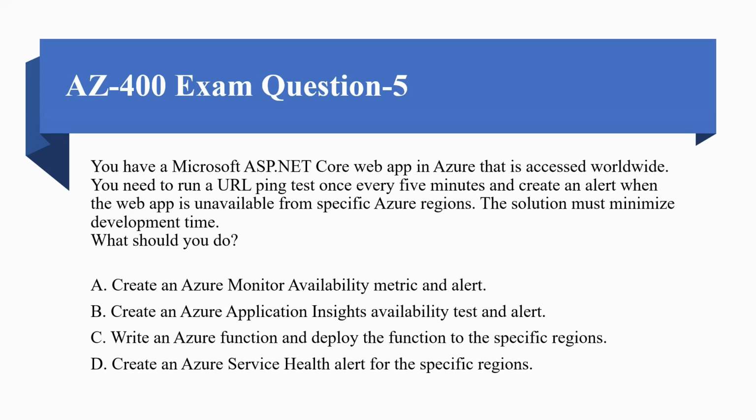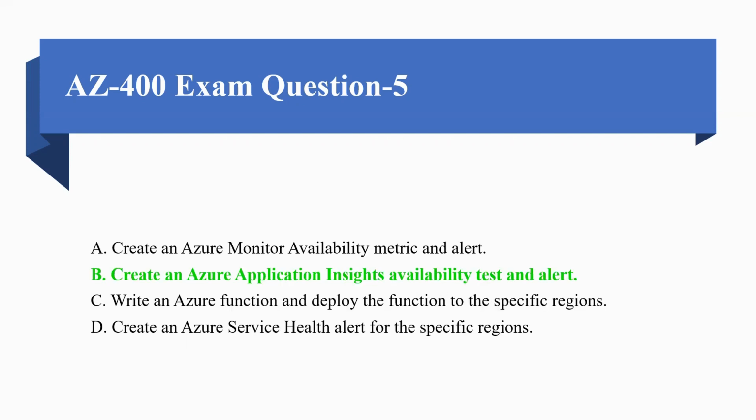Option B, create an Application Insights availability test and alert. Option C, write an Azure function and deploy the function to the specific region. And option D, create an Azure Service Health alert for a specific region. The correct option would be option B, create an Azure Application Insights availability test and alert.